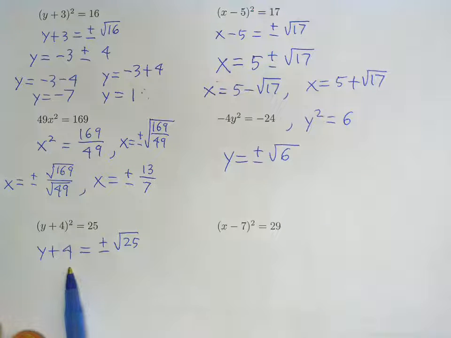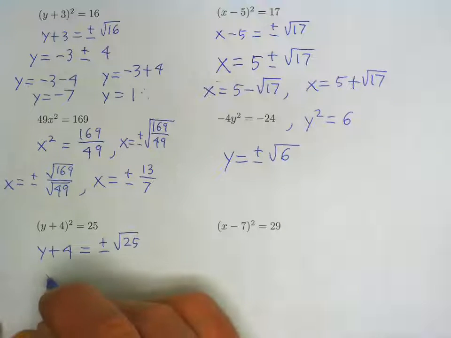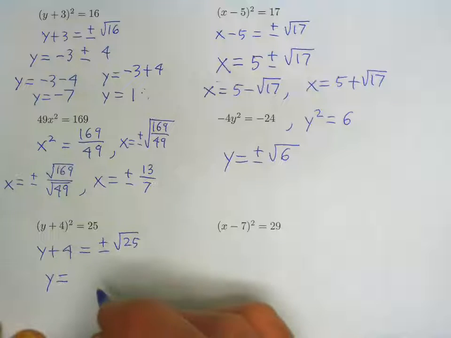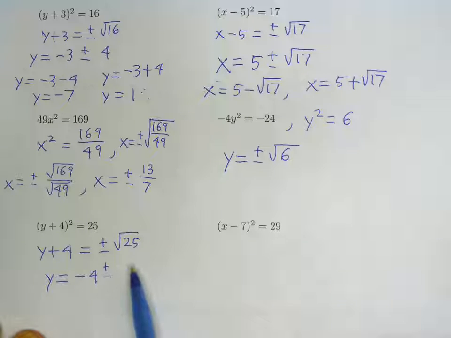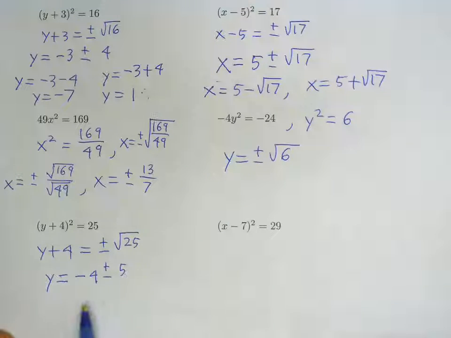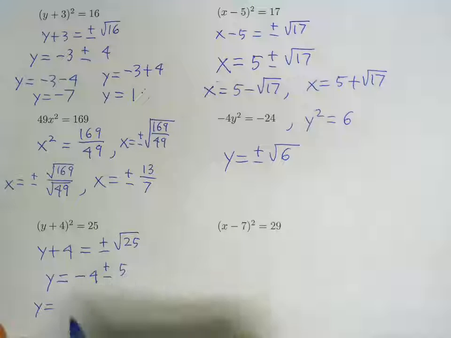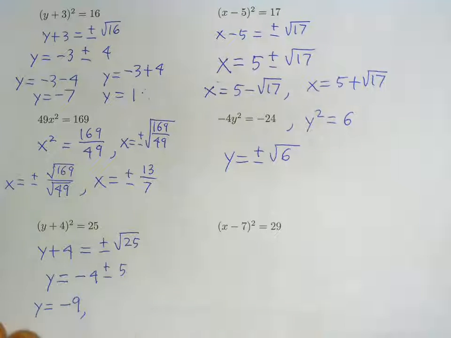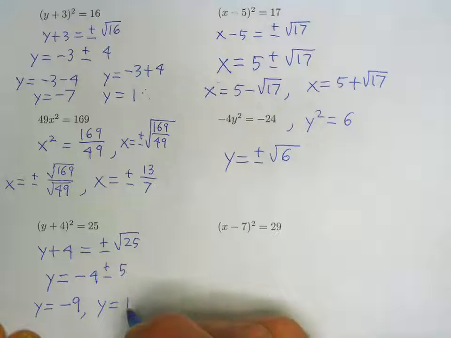Then we're going to subtract 4 from both sides, and we'll write it as y equals negative 4 plus and minus 5, because the square root of 25 is 5. And we can simplify the solutions further because both of those numbers are integers. So one solution is y equals -4 minus 5, or y equals -9. The other solution is y equals -4 plus 5, which is y equals +1.